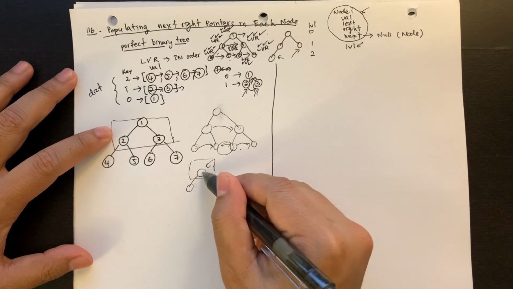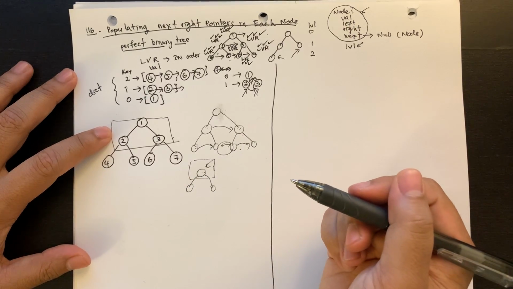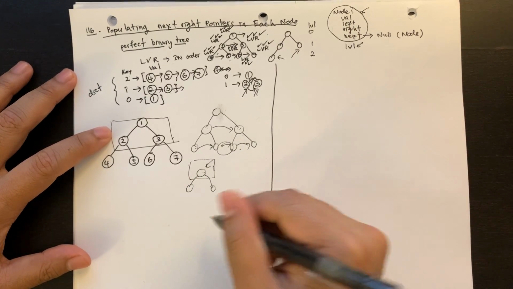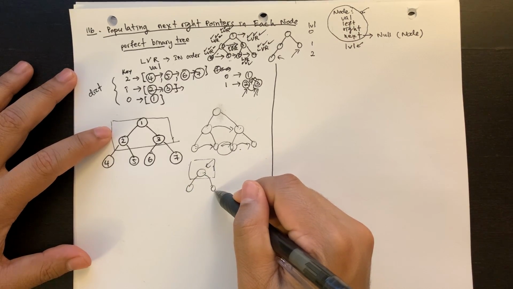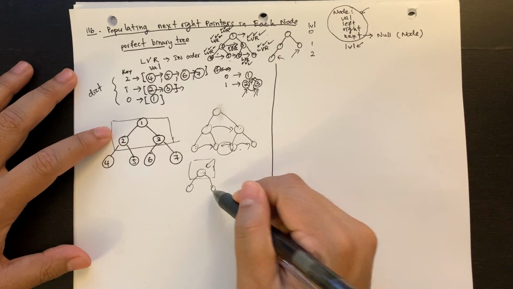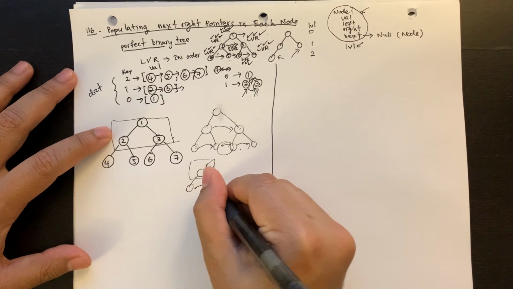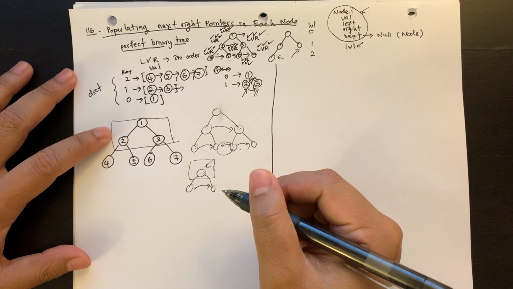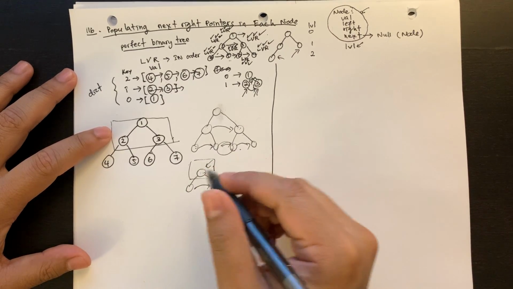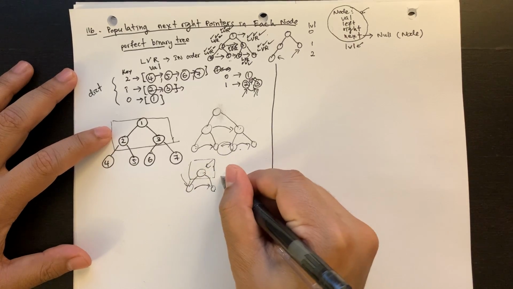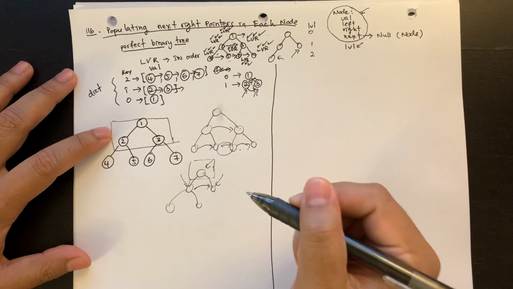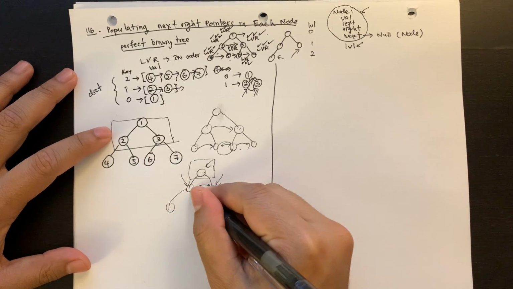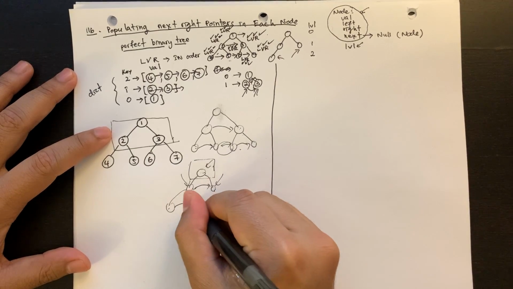So we want to check our left child and right child. If there is a left child and right child, we want to connect them. And then we want to recurse on this, and we want to recurse on this. So since we have a left child and right child, we want to connect this.